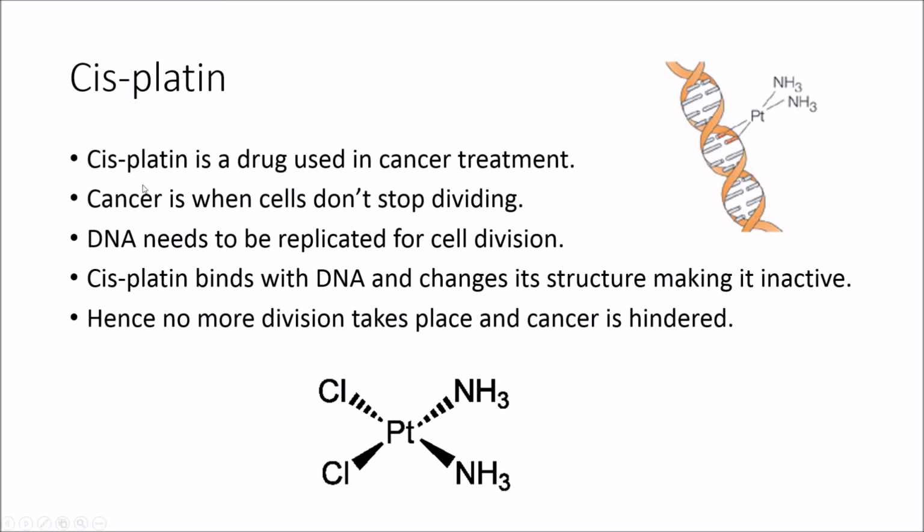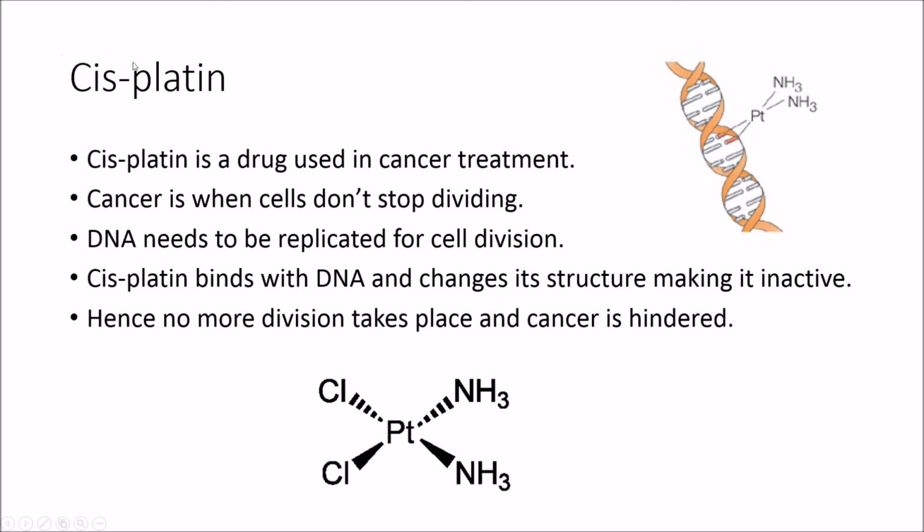So in order for this cell division to happen, DNA needs to be replicated. What cisplatin is able to do, as you can see up here, is bind with that DNA. This changes its structure, meaning it's inactive and it can't replicate itself. Therefore, no more division can take place, and cancer can't spread.